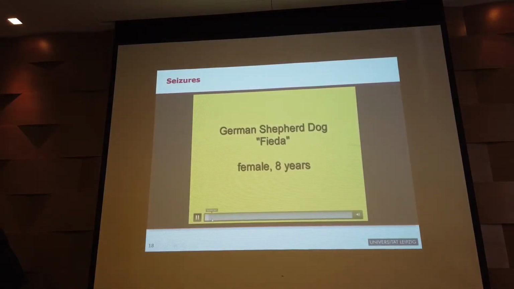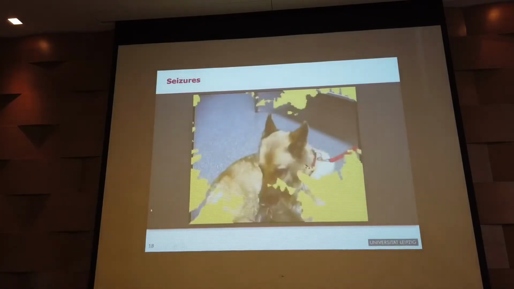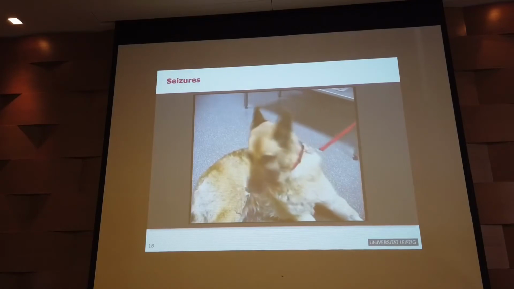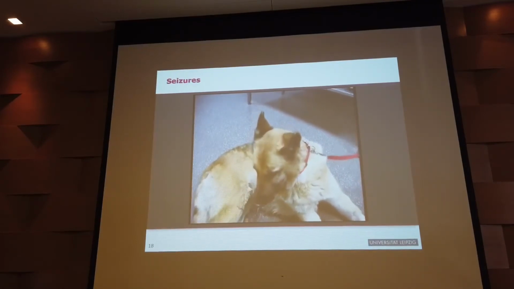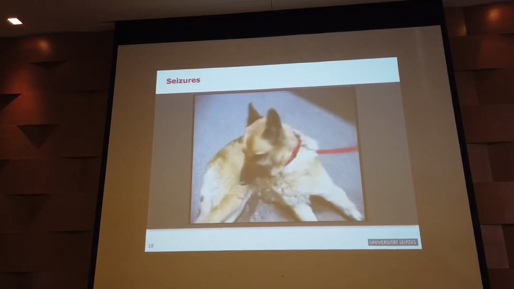It's a different type of seizures here. This German Shepherd dog is still walking around, as you will see. It just has some twitches. And you have to determine if you are looking at seizures.